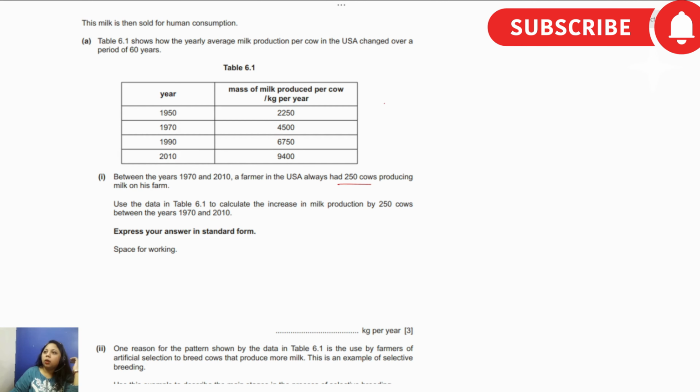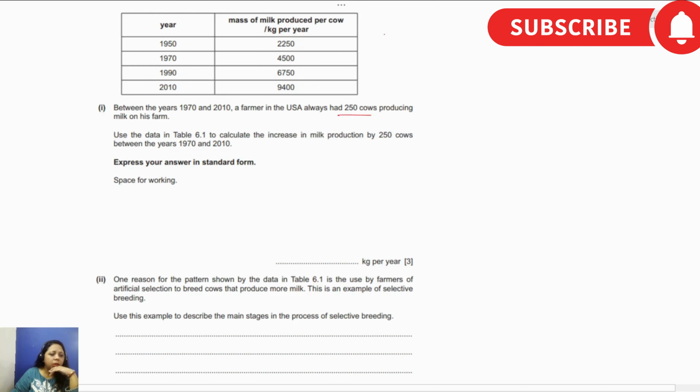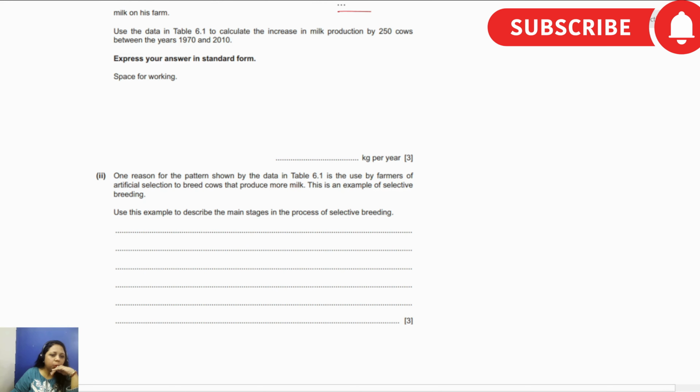The next question is regarding one reason for the pattern shown by the data in table 6.1: the use of artificial breeding. This is an example of selective breeding. Use this example to describe the main stages in the process of selective breeding, what he has done. What is the desired feature? We need to tell that.